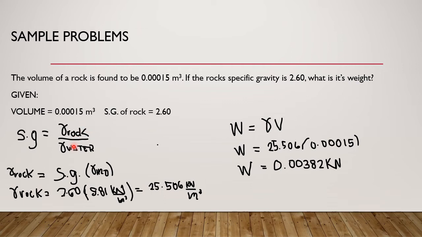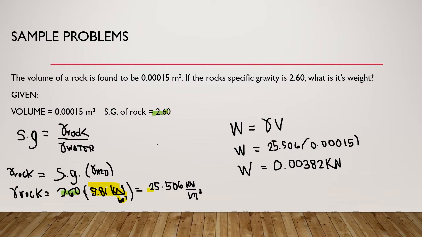So, cross multiplication, we will find the unit weight of the rock to be the specific gravity times the unit weight of H2O. Ngayon, given tayo ng specific gravity, which is ito yung binigay sa ating specific gravity. So, ipinasok natin dito. Ito naman ay 9.81 kilonewton per cubic meter. Constant po yan sa tubig.